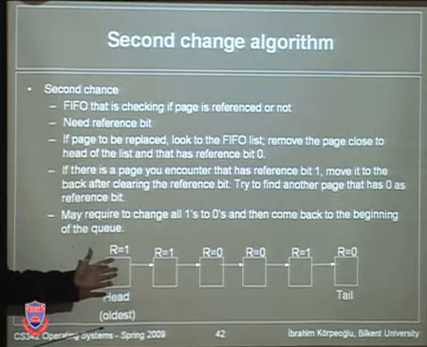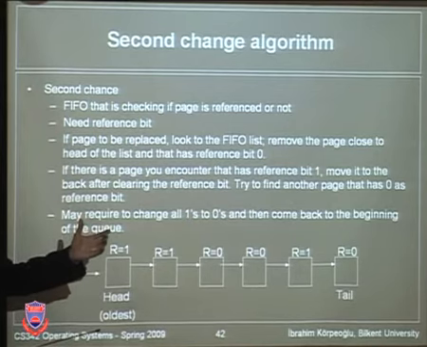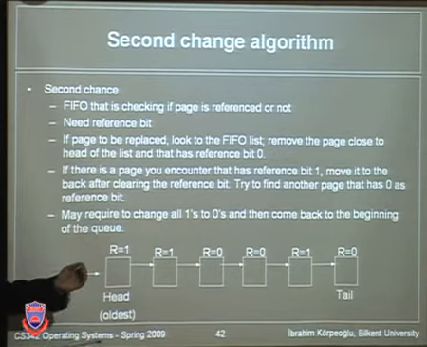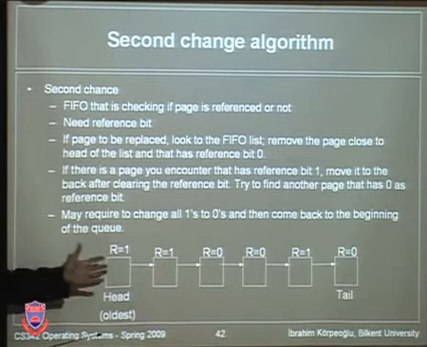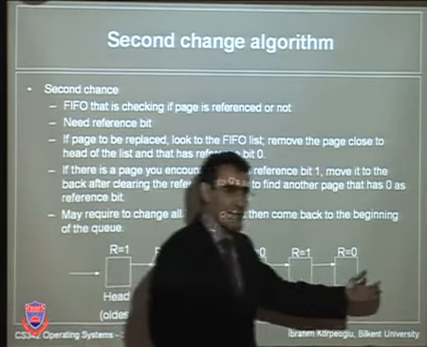So those are the pages in memory. So whenever a page fault occurs, you would like to remove one of them. Which one would you like to remove? If you apply the FIFO algorithm, you will remove the one that is oldest. If you look at the queue, which one is the oldest one? The head of the queue, right? Because whenever a page is loaded, you just add it to the tail.